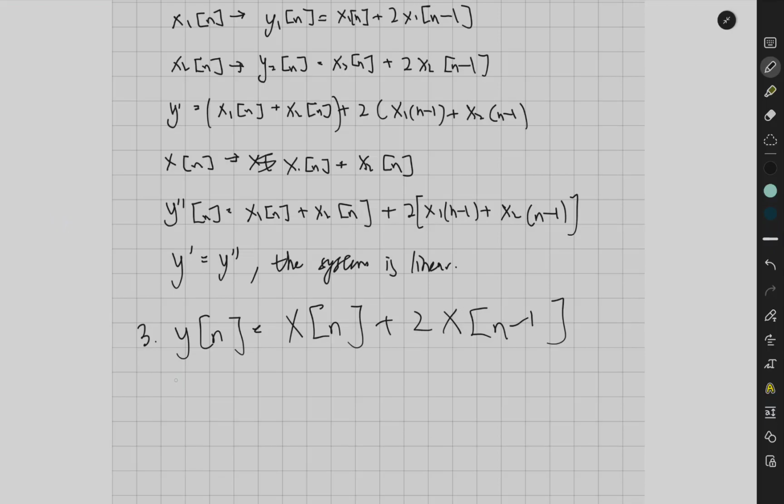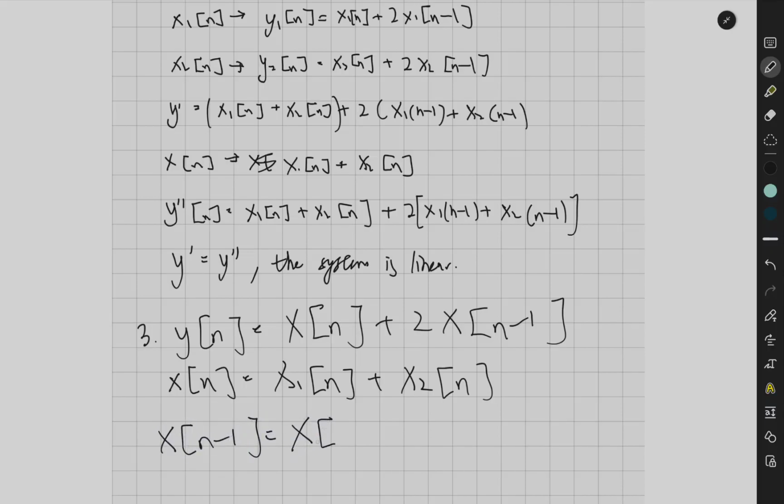So let's set xn equals x1n plus x2n. So xn minus 1, we also make it become two inputs. This is actually a series connection because the inputs undergo the same function.